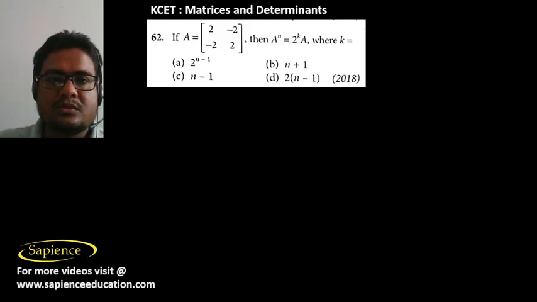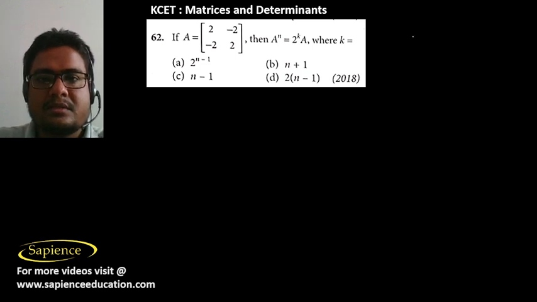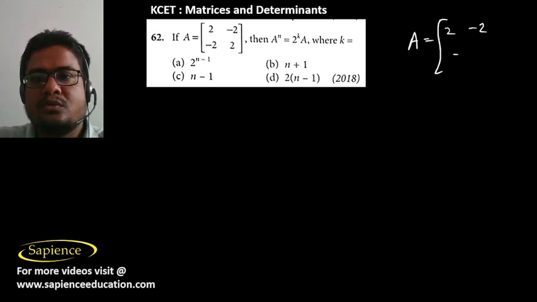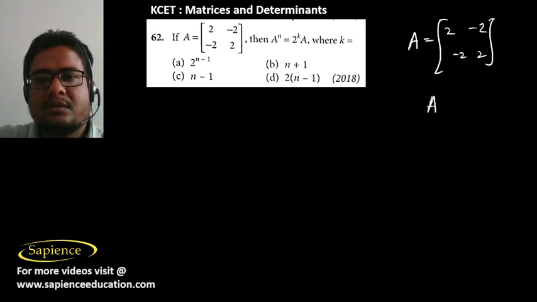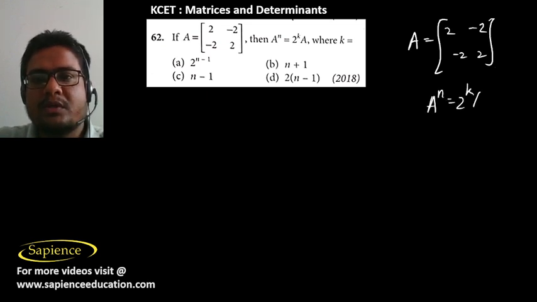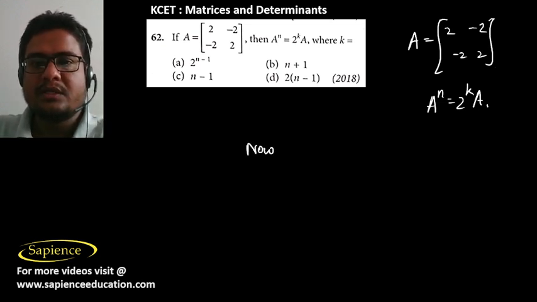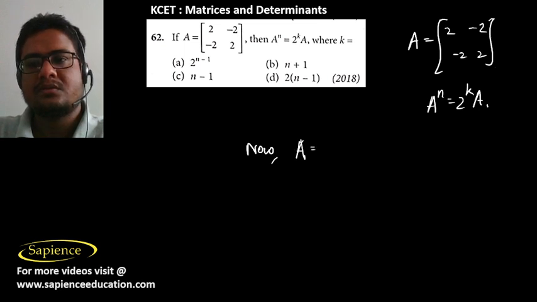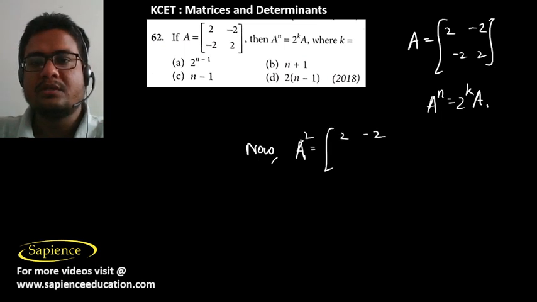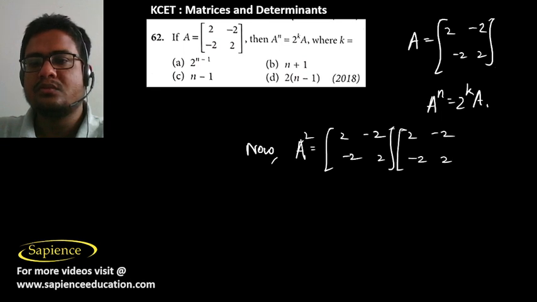Then question number 62. It is told if A is the matrix 2 minus 2, minus 2 2, then A power n is equal to 2 power k A, where k is equal to how much? Okay. So from the matrix A, suppose we do A square, then we will have 2 minus 2, minus 2 2 into this 2 minus 2, minus 2 2.